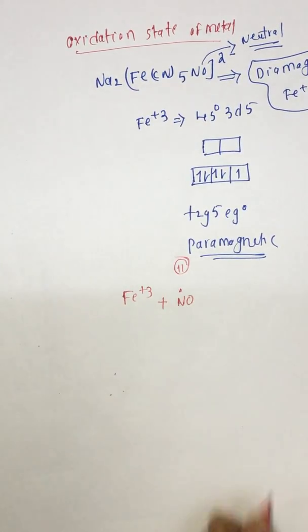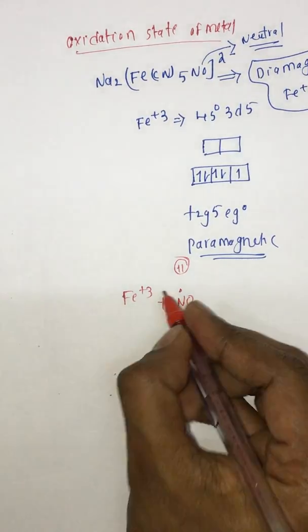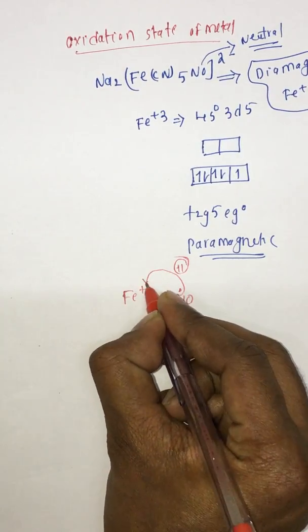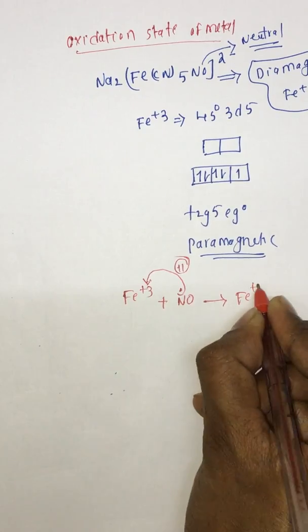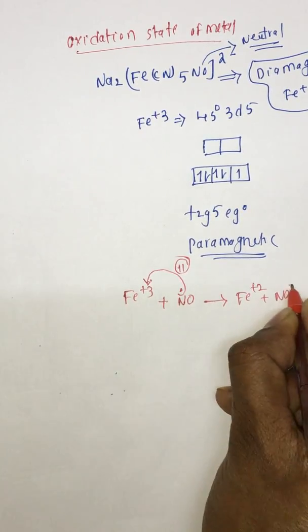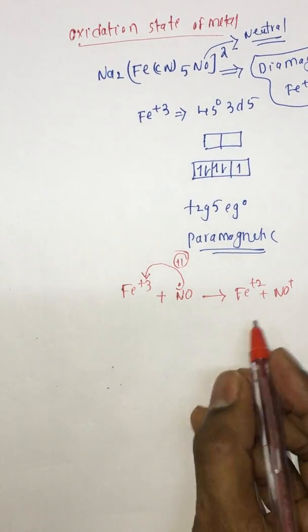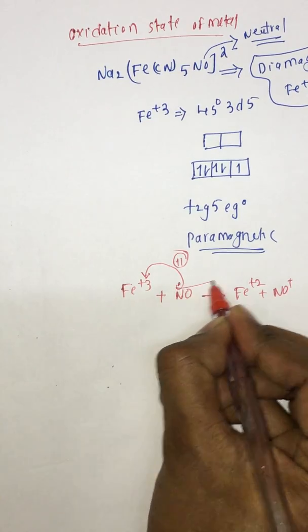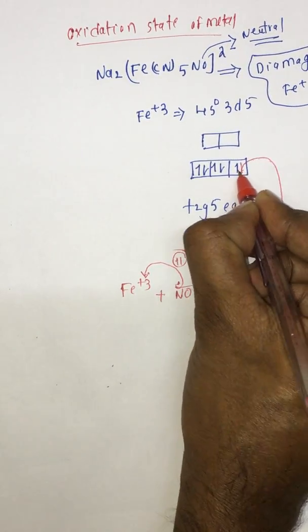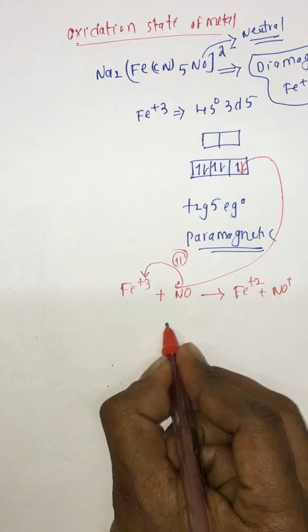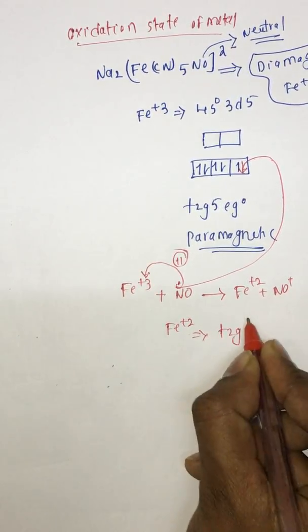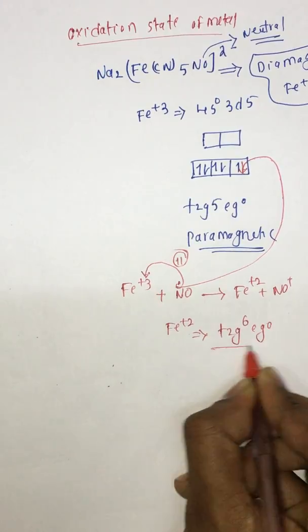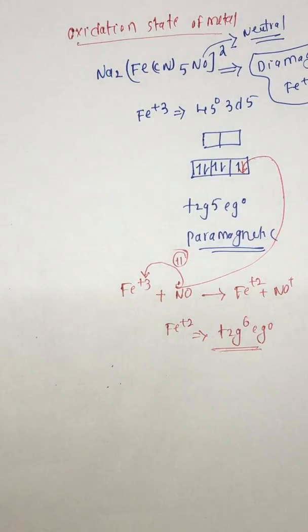One odd electron will be there on neutral NO. So that one electron will transfer from the NO to Fe plus 3. Now it will become Fe plus 2 and NO plus. When it becomes Fe plus 2, the extra electron goes and pairs up here. So now it has Fe plus 2 oxidation state and t2g6 eg0 configuration. So now it became diamagnetic in nature.